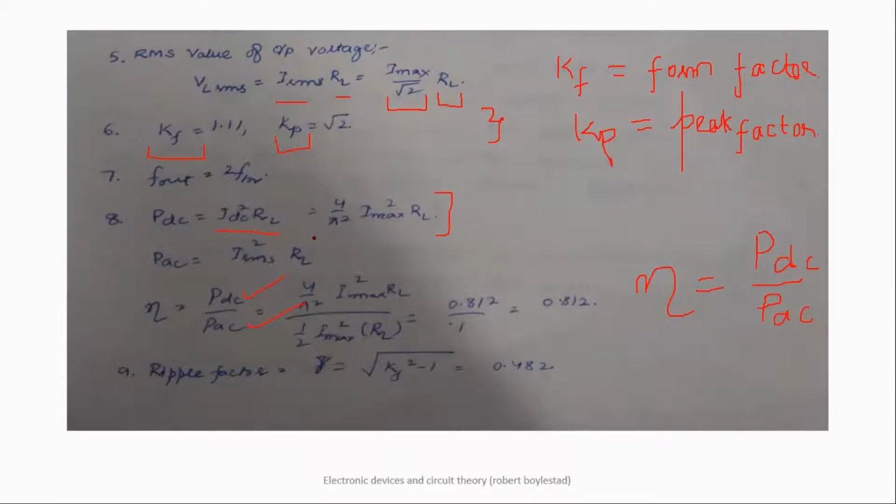So at input port, what is your power? That is again I square R, but here you cannot write AC as it is. You are supposed to write it as IRMS square into RL. So here you are getting both the values, PDC and PAC. So you take the ratio, solve it, and you will get an efficiency of 0.812 or 81.2%.